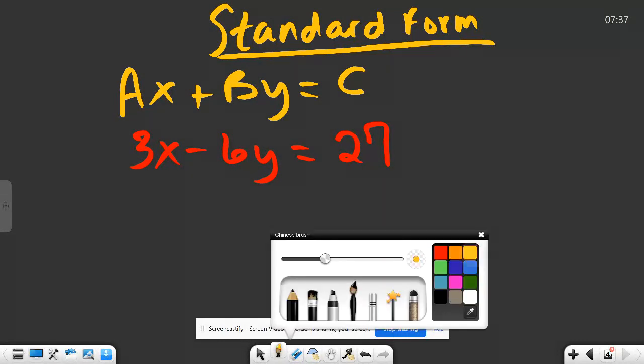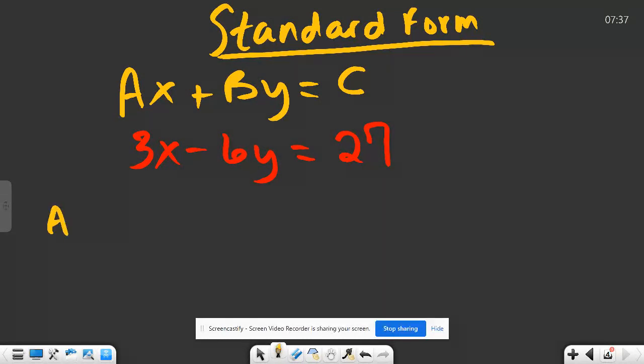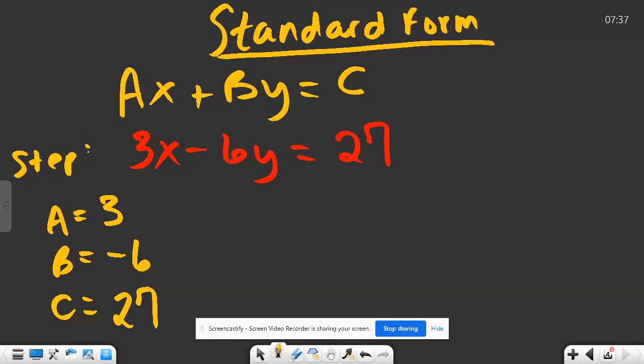The first step is to label your A, your B, and your C. My A is always next to the letter X, so the number is 3. The B is always next to the letter Y, so that number is -6. The C is always the very last number at the end, which is 27. Once you're done labeling it, that is step 1, label.